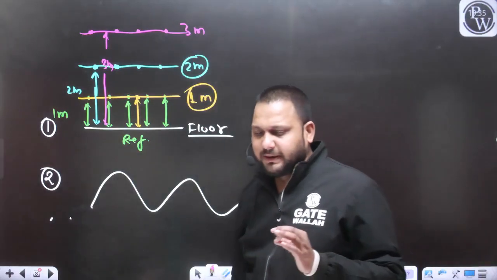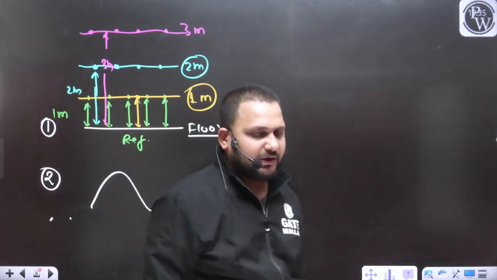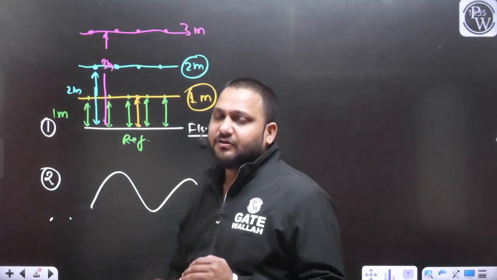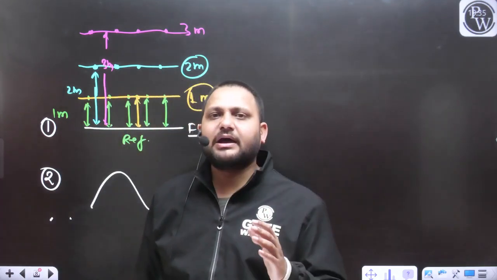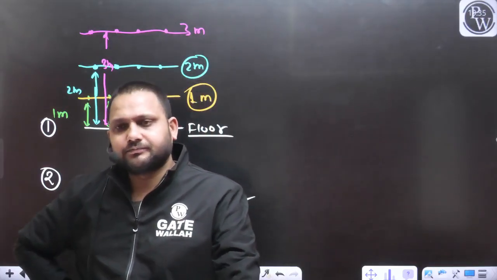What do you mean by the contour? Contours are the imaginary lines which join the points having equal elevation or same RL, equal reduced level.